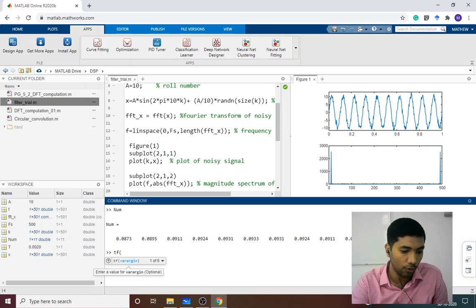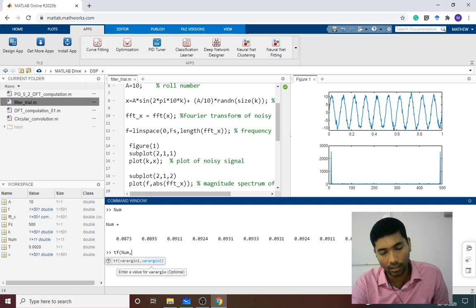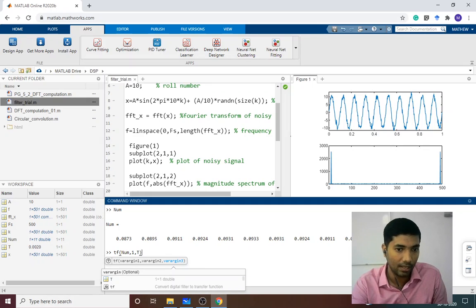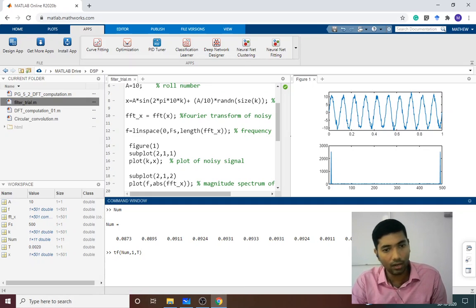You need to define the numerator and denominator. Here the numerator is NUM, which is the numerator coefficients. What is the denominator for an FIR filter? It is 1. So numerator, comma, denominator, comma, then you need to define the sampling period. Here I have defined the sampling period as capital T. If you define the sampling period in the function TF, it will generate the transfer function in the Z domain.